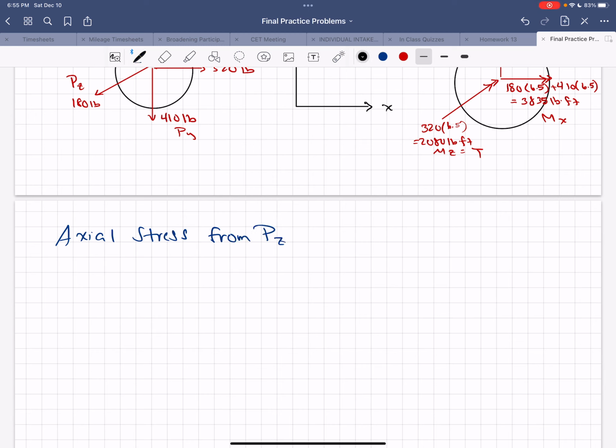All right, so we have, that's going to act in the sigma z direction. So the stress will act in the z direction. It just equals the force PZ over that area. So we get 180 pounds over 5.63 inches squared, and we get 32 psi.